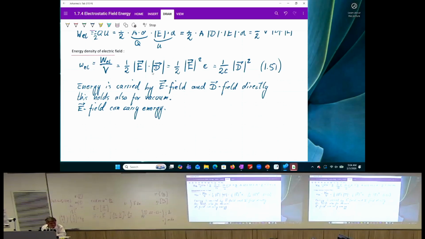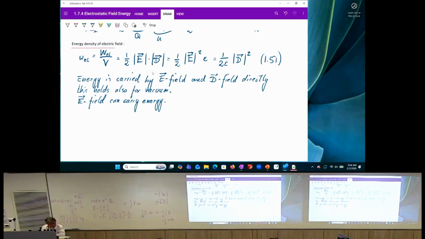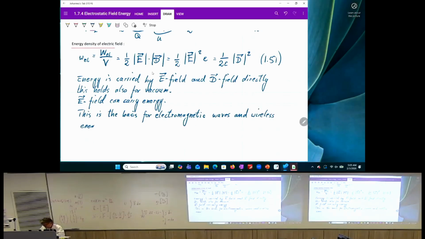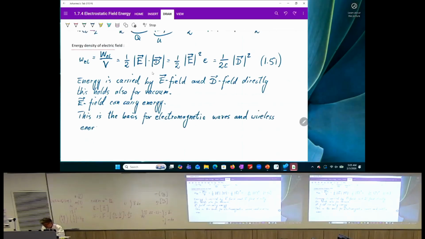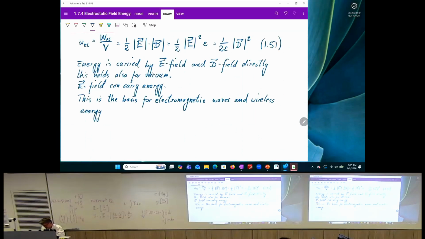And that is possible also in a vacuum or in arbitrary dielectric media. And this is basically the basis for electromagnetic waves and also for wireless energy transmission and communication. So I want to highlight that. This is the basis for electromagnetic waves and wireless energy transmission and also wireless communication.